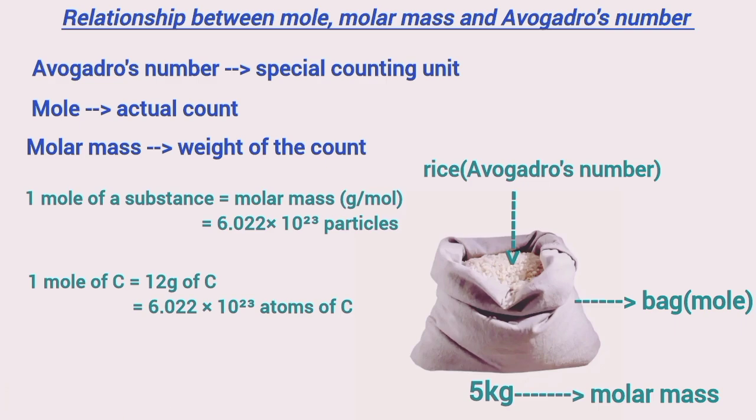What this means is that 1 mole of carbon contains 12 grams of carbon and 6.022 times 10 raised to 23 atoms of carbon. So if you have 2 moles of carbon, that will be equal to 24 grams of carbon, and also equal to 2 times 6.022 times 10 raised to power 23 atoms of carbon.